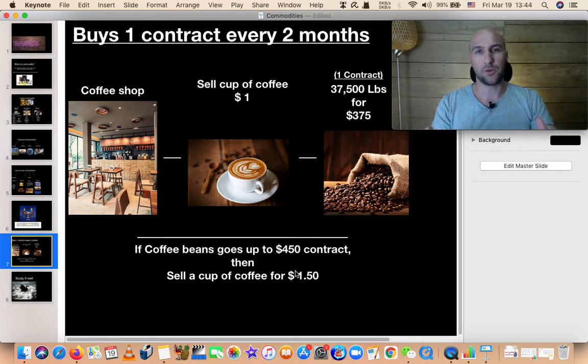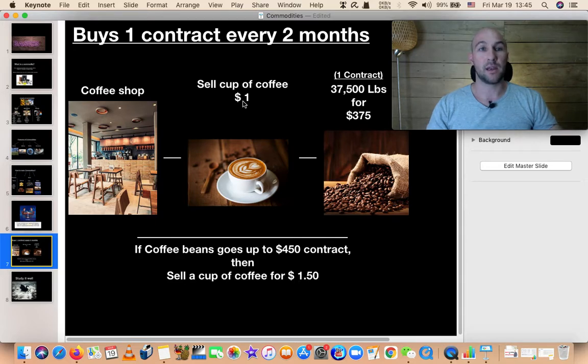So what they do is buy the contract, saying that every 2 months I will buy an additional contract for this much. If the price goes up from now until the next 2 months, I can still buy it for 375, and then I know I can still sell my cup of coffee.